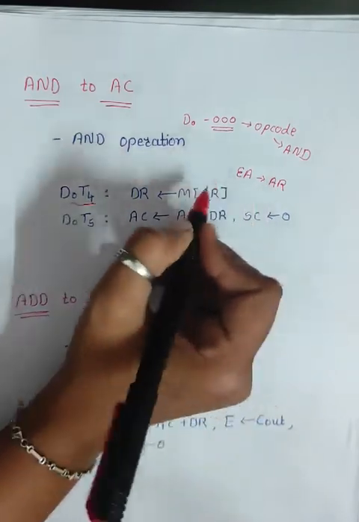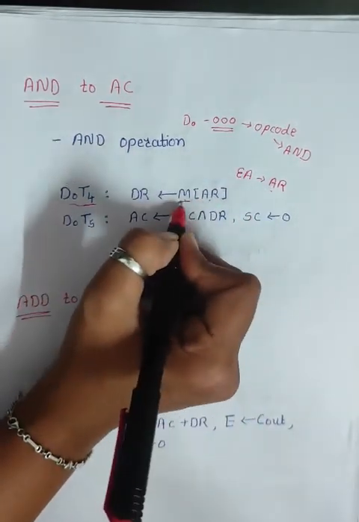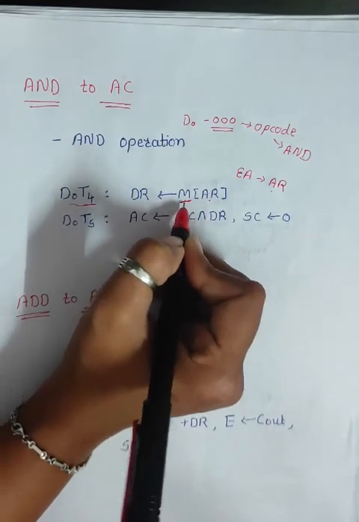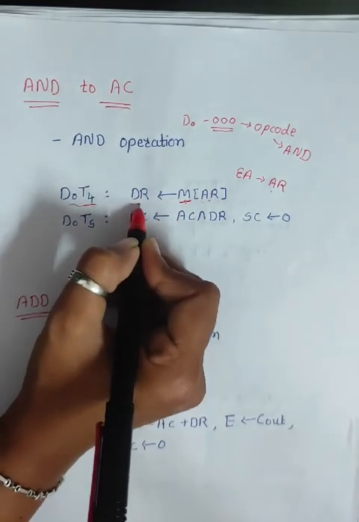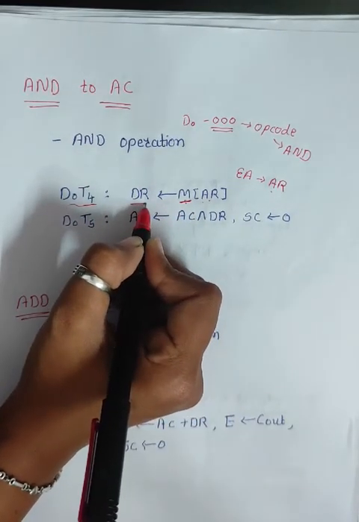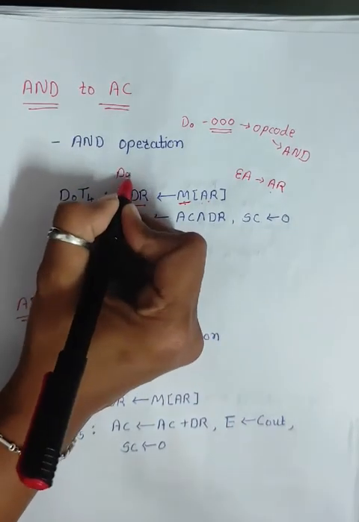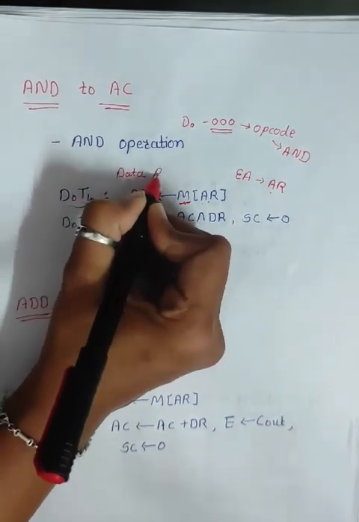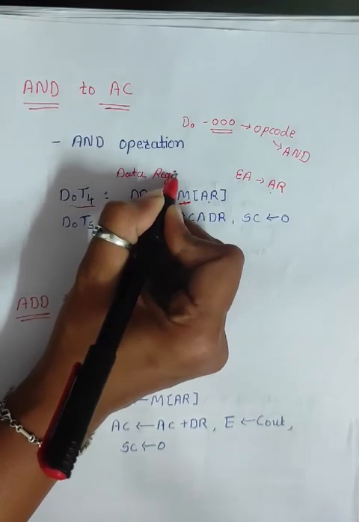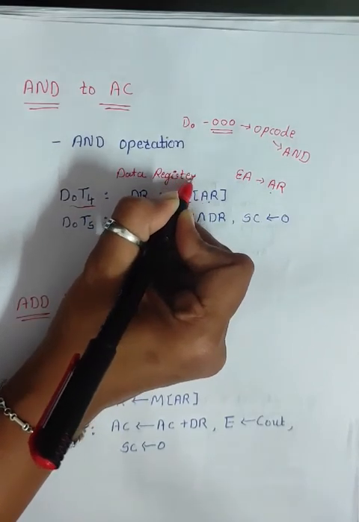We access the memory from that address, and the content is first transferred into DR. Now what is DR? DR is the data register. Why do we need this DR?